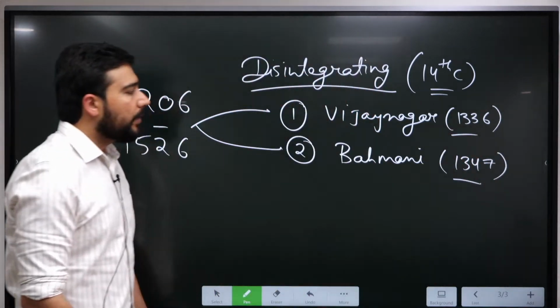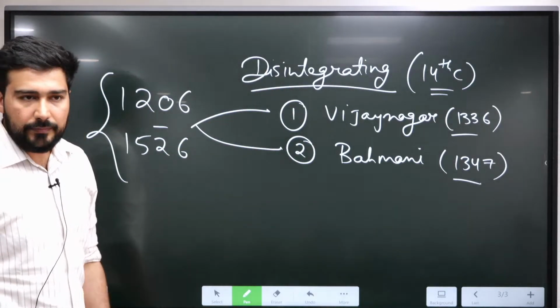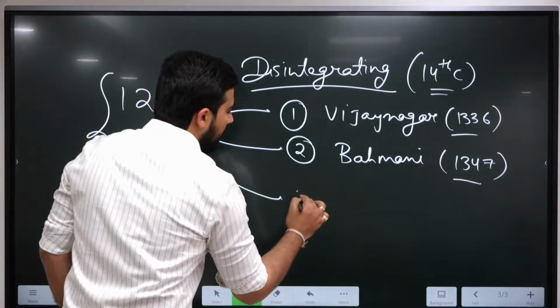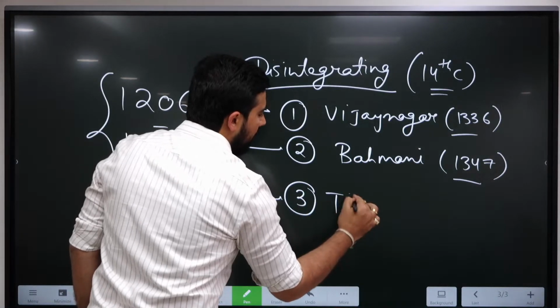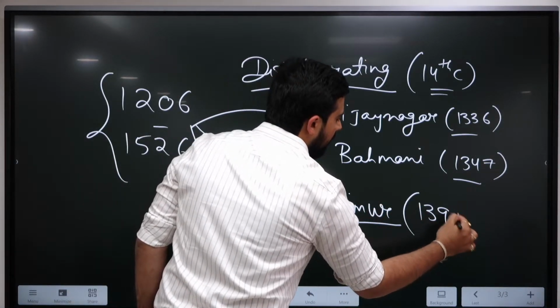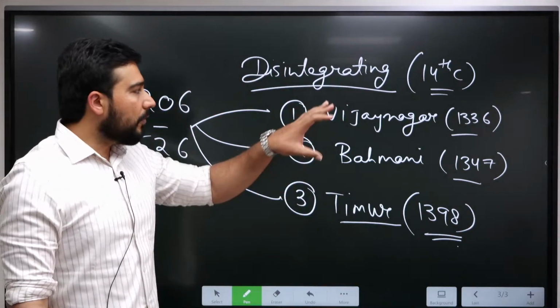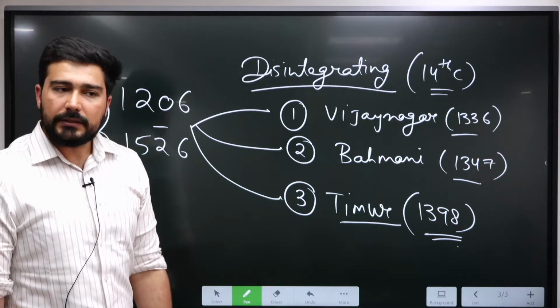So from the middle of the 14th century itself, the disintegration started. Then the major invasion of Timur by 1398 also precipitated the downfall of the Delhi Sultanate.